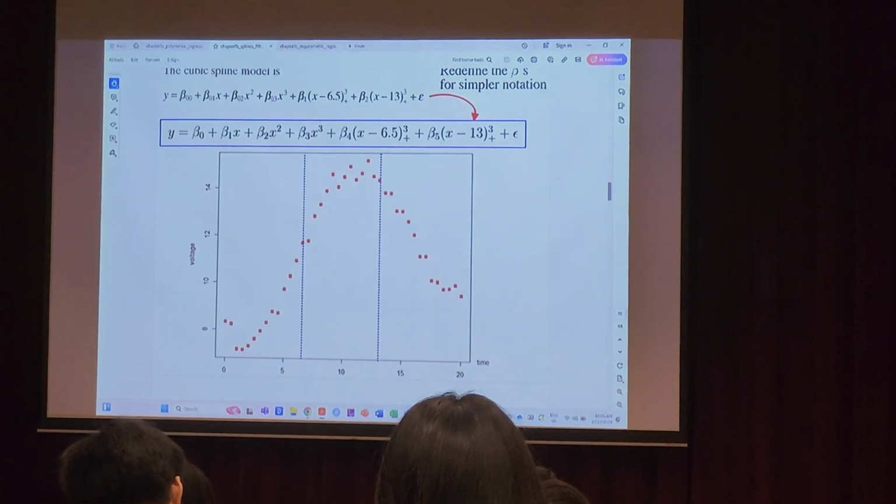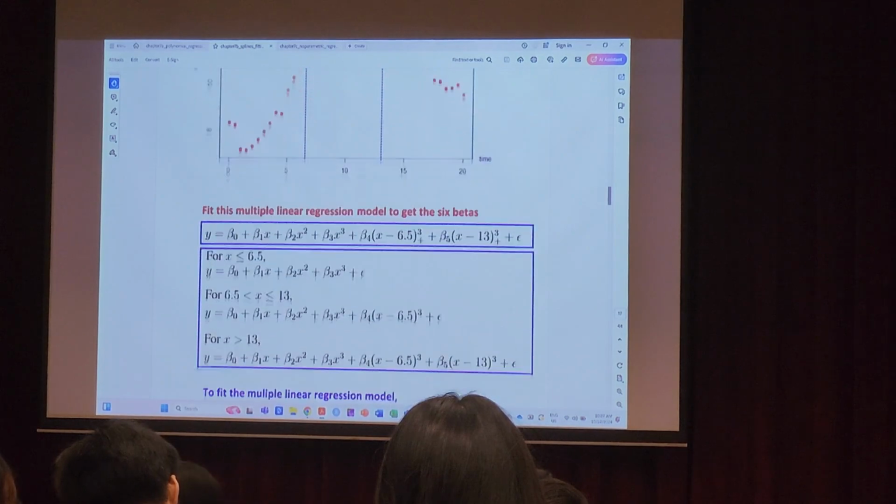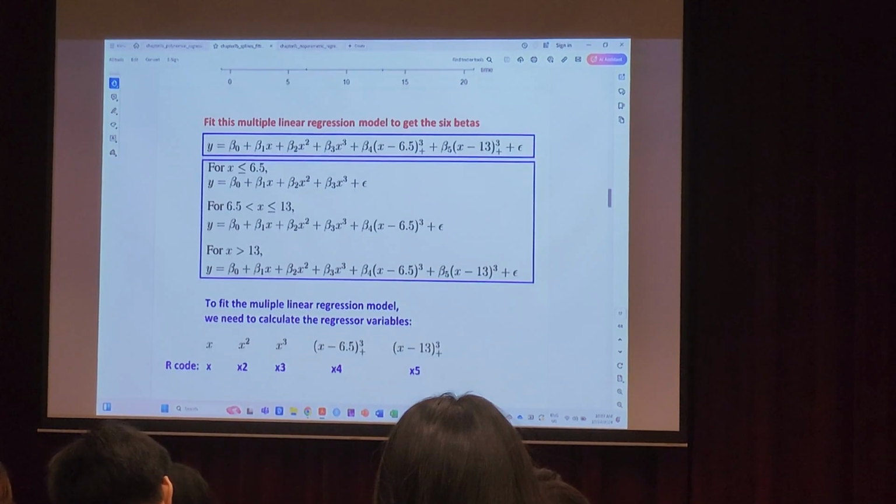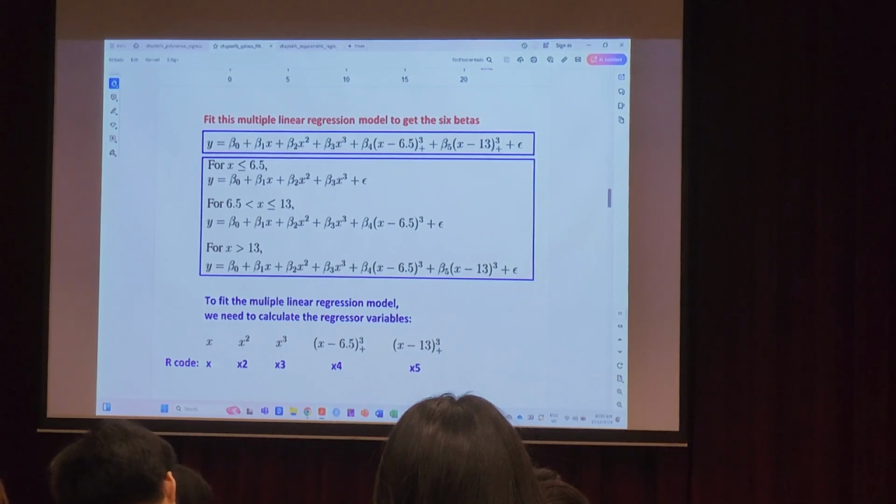Here the choice of the knots is not so clear, but let me just choose these 2 knots for illustration. And I want a cubic spline polynomial to be continuous at these 2 knots. So that is my model here.